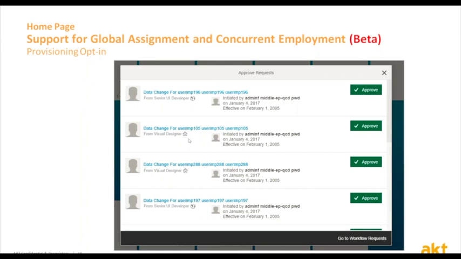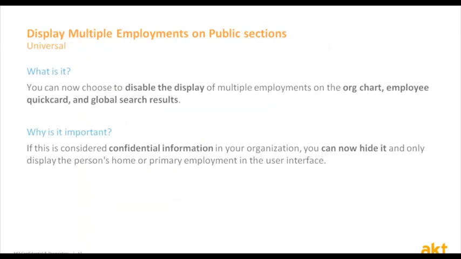You can see one from the host assignment and one from the home assignment. In addition to that, you have an option right now to choose to disable or to allow viewing of multiple assignments on the org charts, on the employee quick cards, and on the global search results.